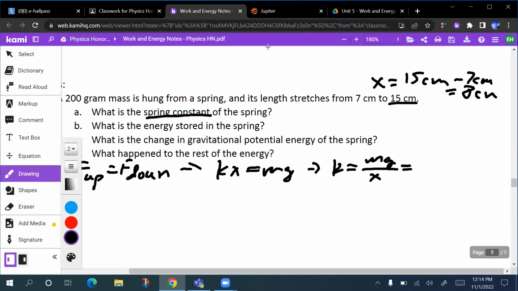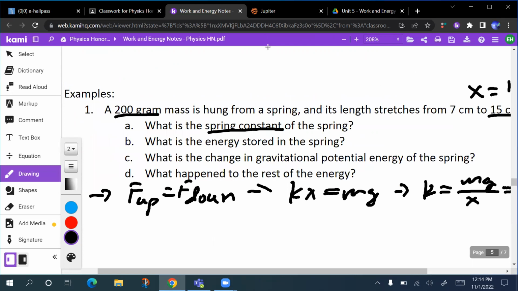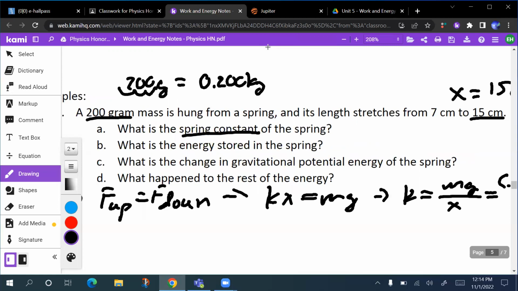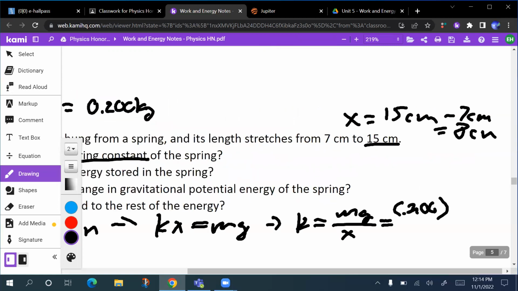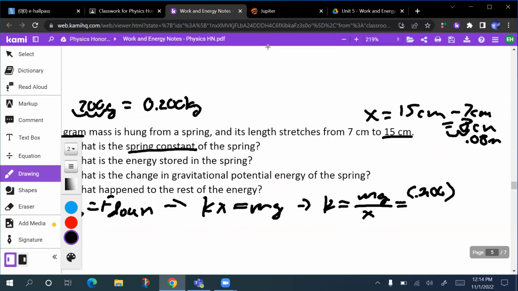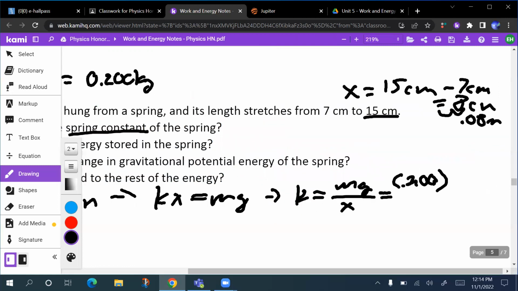So when we plug in, we're going to plug in 0.200 because we have to change grams to kilograms. So 200 grams, move the decimal 3 places to the left, is 0.200 kilograms. And then 8 centimeters is 0.08 meters. We've got to convert that as well.